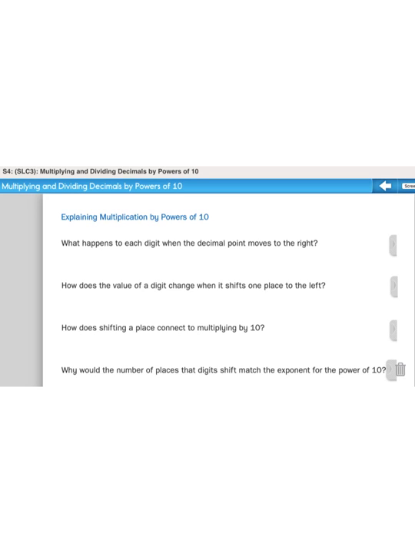So now we're going to do a little bit of a wrap up of the lesson. First, let's talk about multiplication by powers of 10. So what happens to each digit when the decimal moves to the right? Each digit shifts to the left. How does the value of a digit change when it shifts one place to the left? The digit is now worth 10 times as much.